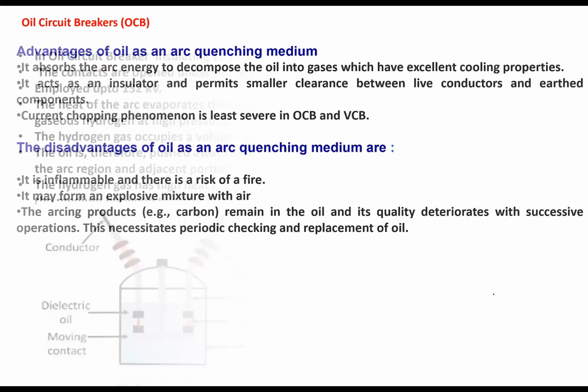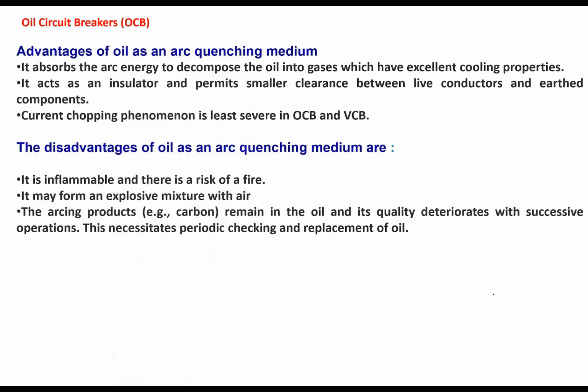So advantages of oil as an arc quenching medium. It absorbs arc energy to decompose the oil into gases, which have excellent cooling properties. Oil acts as an insulator as well as a coolant.